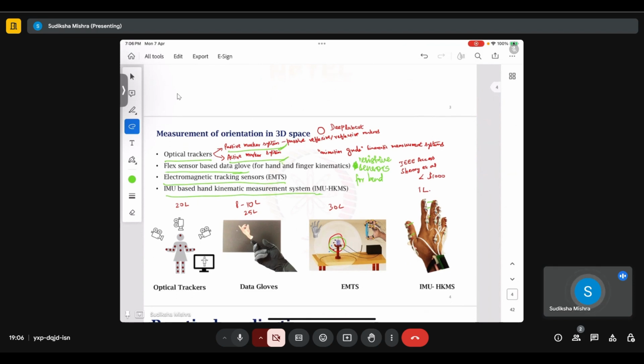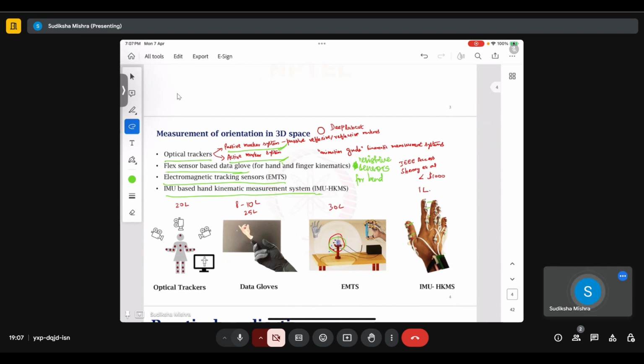Active marker systems produce a light of their own, of a particular wavelength, and the sensors or the cameras track the production of this light, and that's how the motion is tracked.